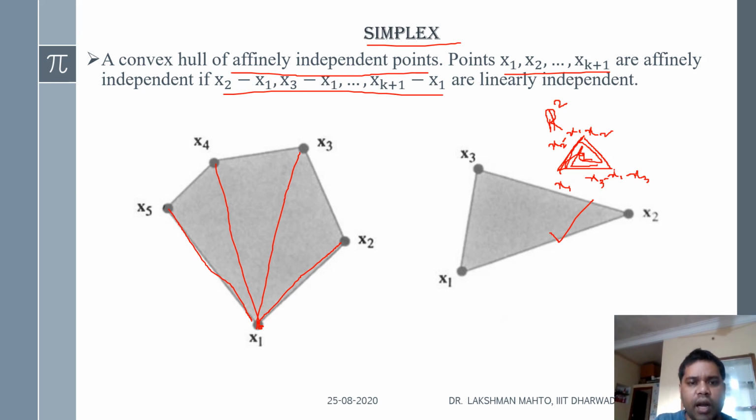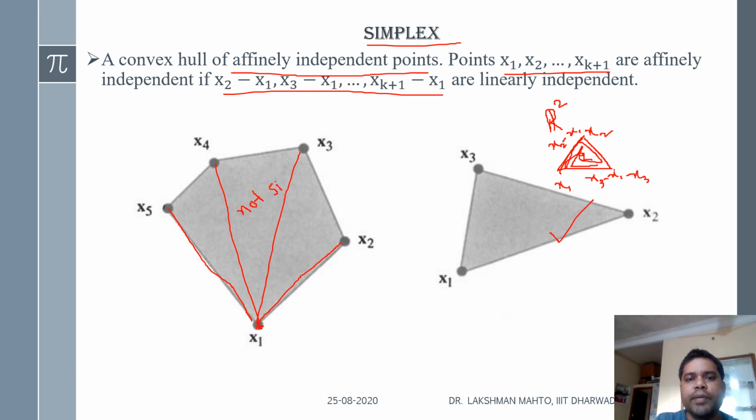We will have four position vectors. Due to this exceeding number of position vectors in R2, these vectors will definitely no longer be linearly independent. That means a linear dependency comes in, so these points are no longer affinely independent. So the corresponding polytope is a polytope, but it is not a simplex.